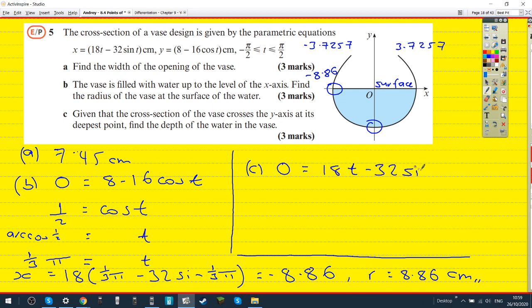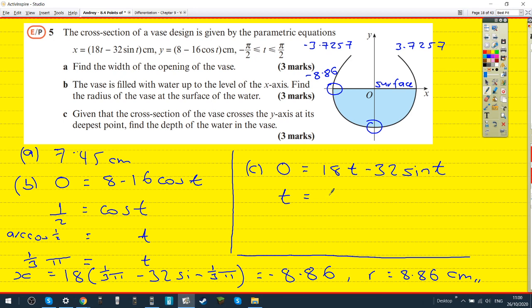Use calculator to solve that. Yeah. I got a couple of values. I got 2. Actually, I got 3. Which one looks good?